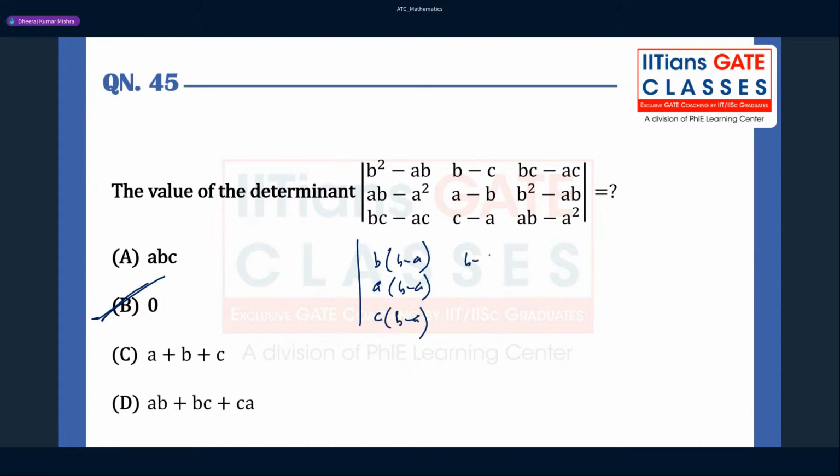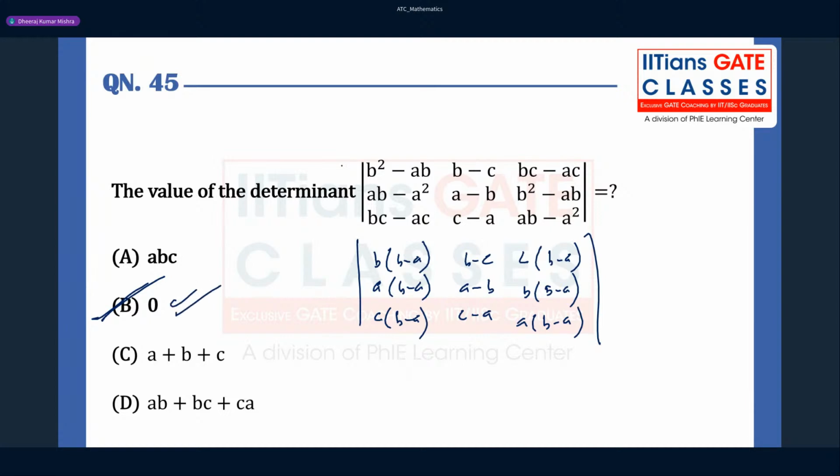B minus c, a minus b, c minus a. And from here you can take c common, so b minus a. And this is b common, so b minus a, and you can take a common, b minus a. So you will realize that some column or some row becomes similar or proportional to each other. So the answer for this question will be 0 only.